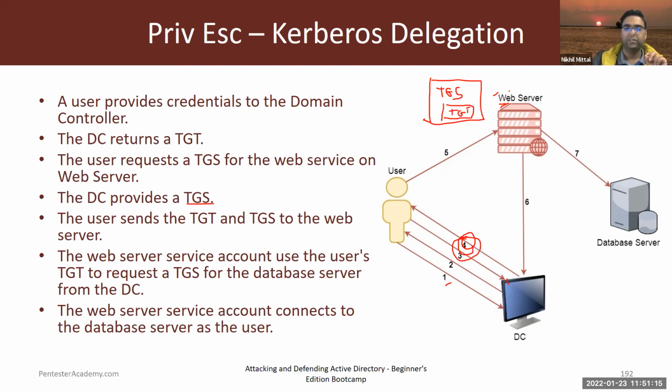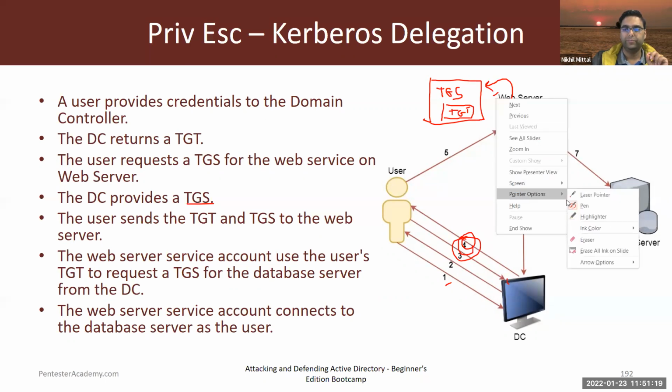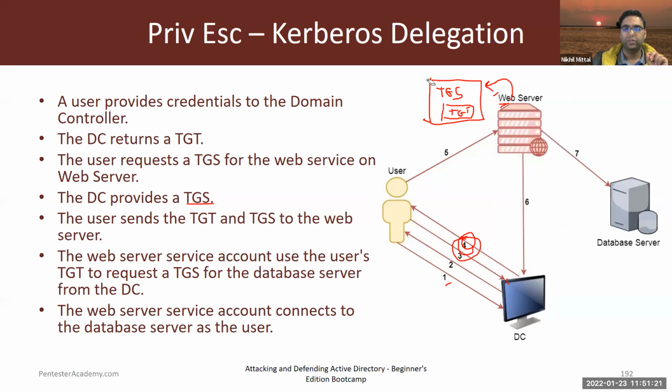Think of it this way. Now, what the web server could do is extract the TGT from that TGS. And then it sends that TGT to the DC, thereby authenticating to the DC as this user, and then it requests a TGS for the database server.